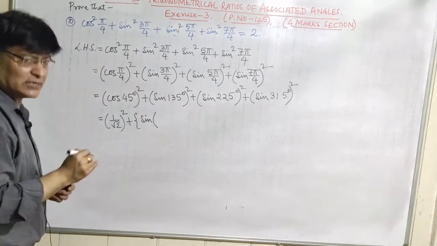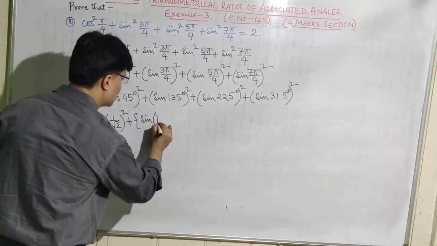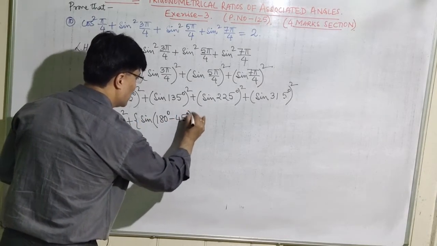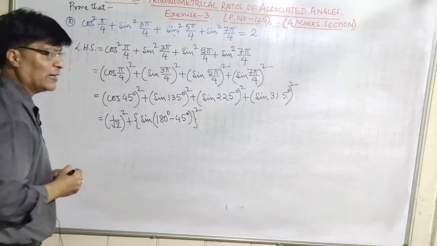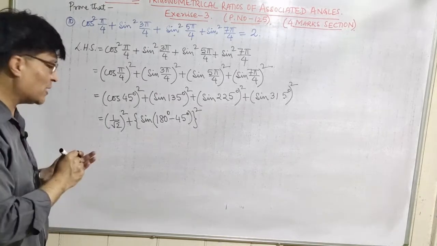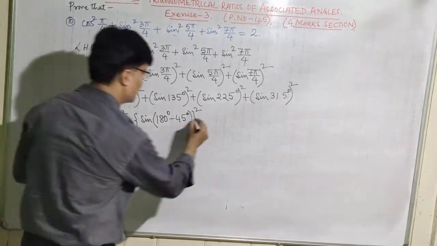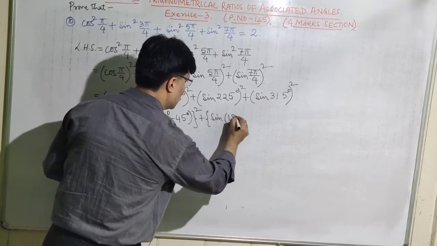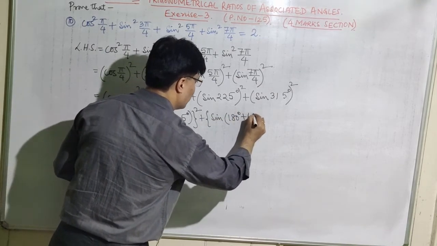You may write here 90 plus 45 or you may write 180 degree minus 45 degree. If you write even multiple of 90, you don't have to change the trigonometrical ratio. So let us write it from even multiple of 90 plus here sine of, how do you write it? It is 180 degree plus 45 degree.